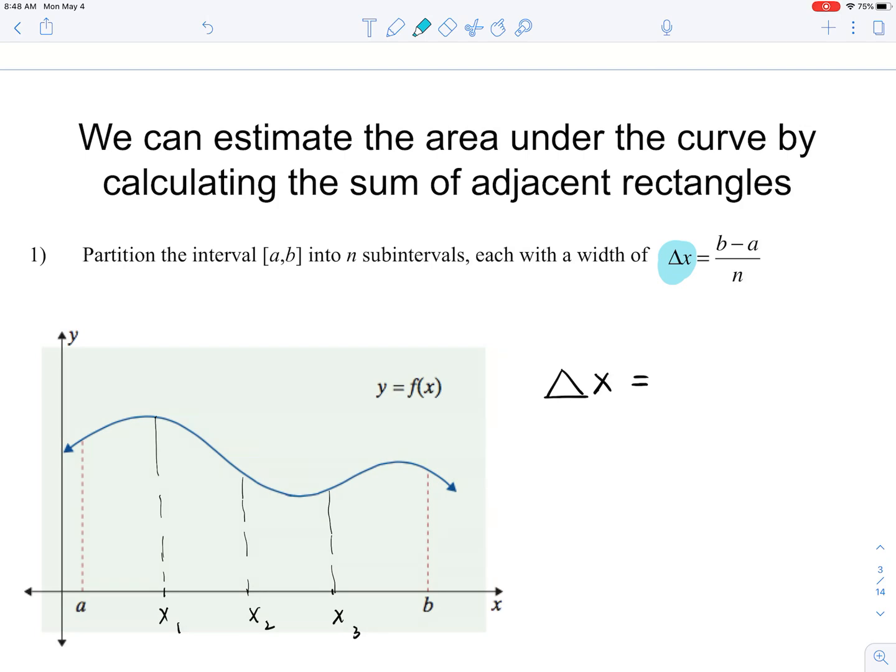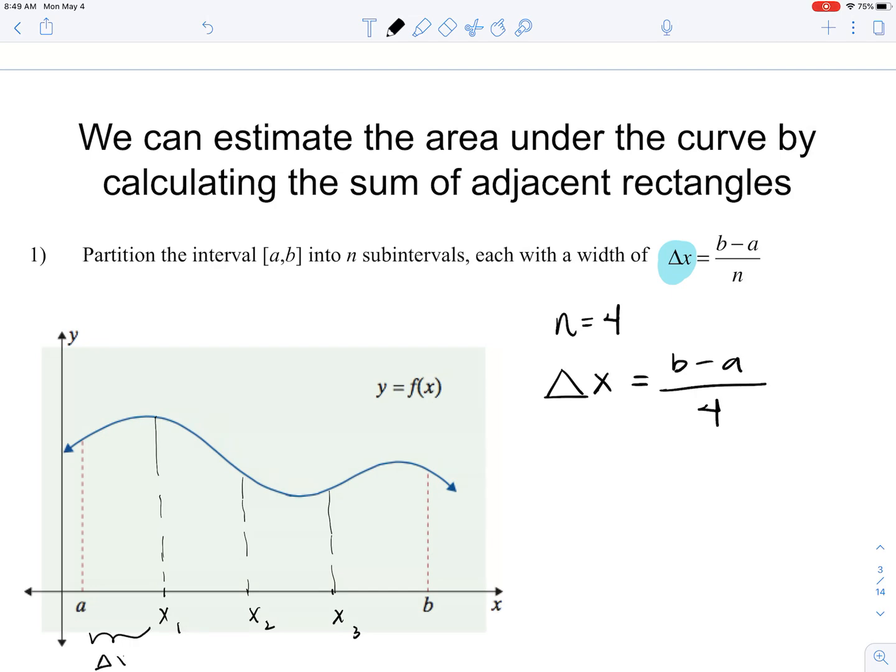Now you can have 2 subintervals, 3 subintervals, 4 subintervals, however many subintervals you want to use will determine the number of rectangles that you then calculate the area of. So for the picture that I have drawn here, I have divided the interval from a to b into 4 subintervals, meaning n equal to 4.